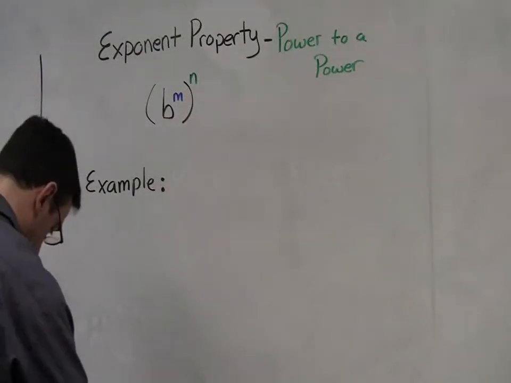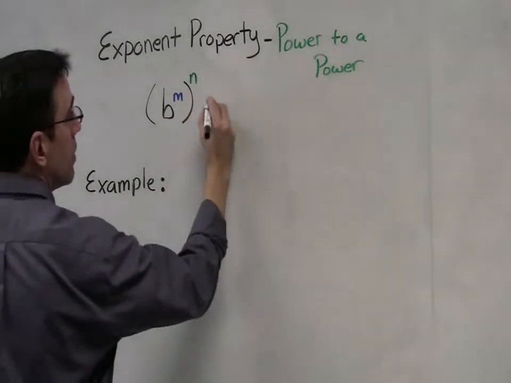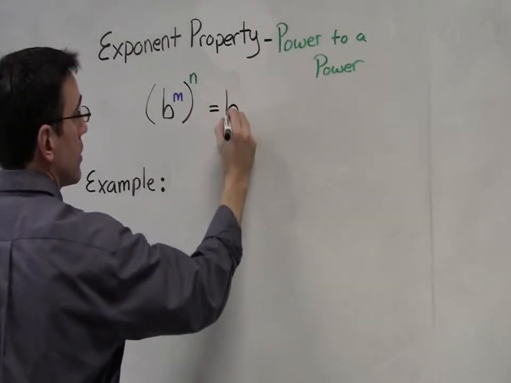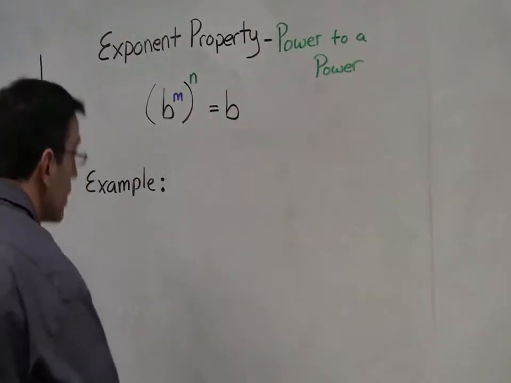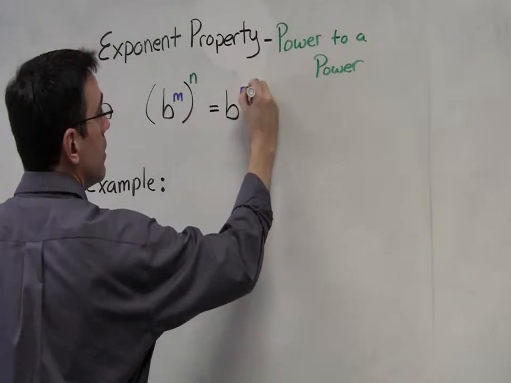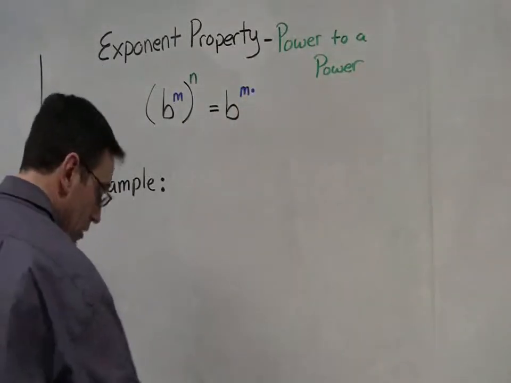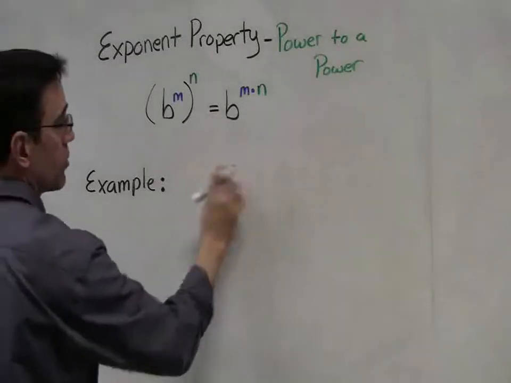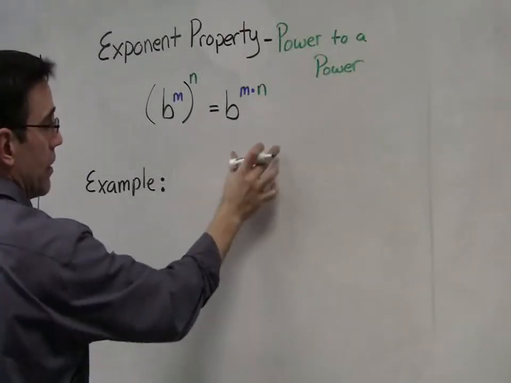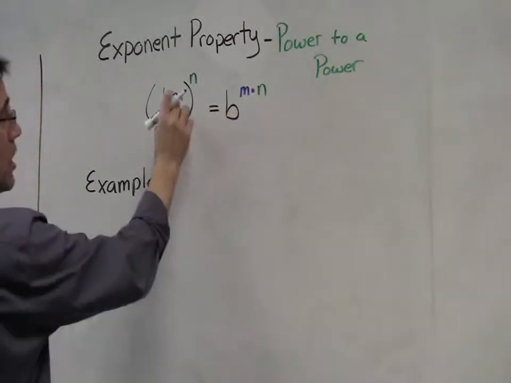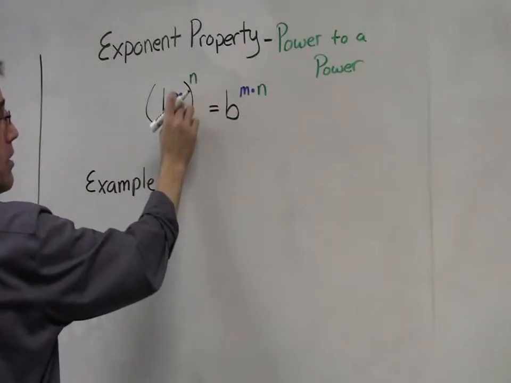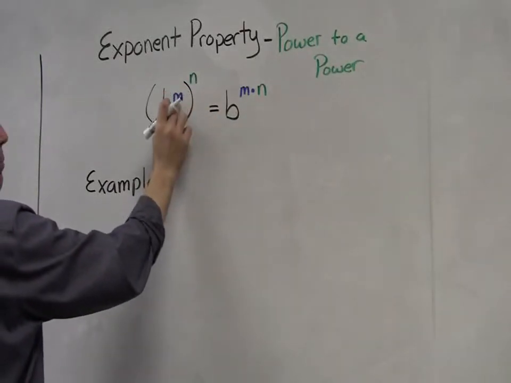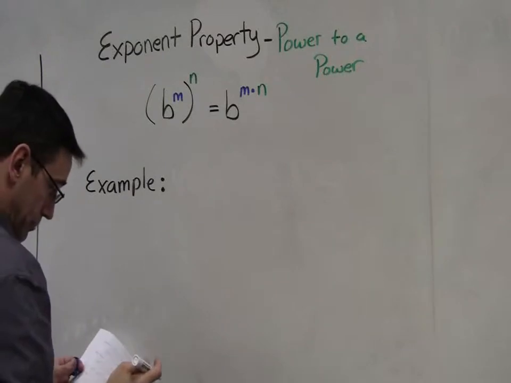Okay? And so what that will equal, the property says you take the base, and what it'll end up being is M times N. So unlike yesterday, when we were multiplying with exponents, we were adding them. Here, we're actually going to go back to multiplying when you see a situation of a power raised to yet another power.